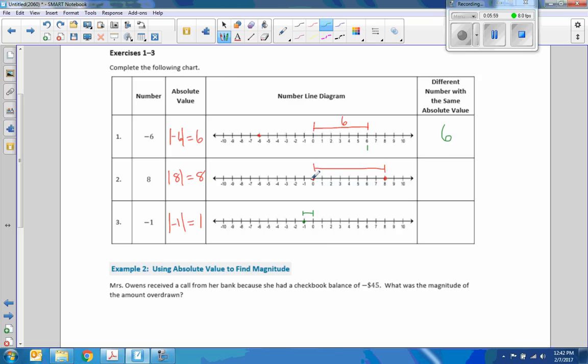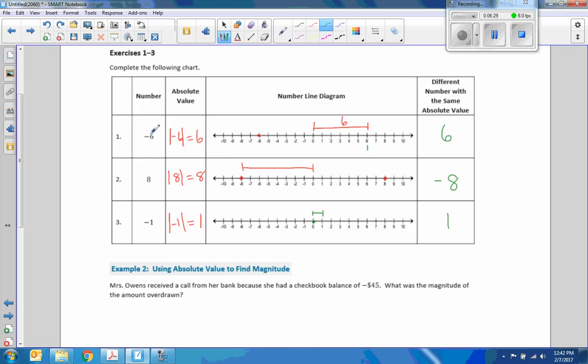Another number that is 8 units from 0 would be 8 units to the left. Okay, which is right here. So the answer is negative 8. And finally, the same distance from 0 to negative 1, if I move this distance over 1 unit to 0, I am now at 1, and therefore the other number is 1.